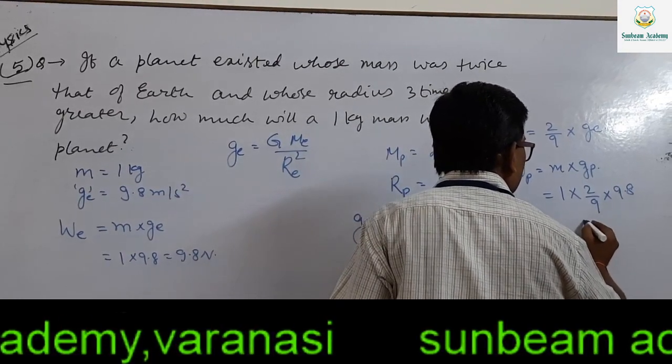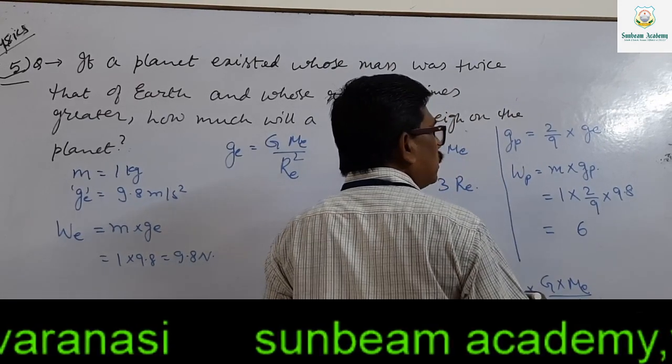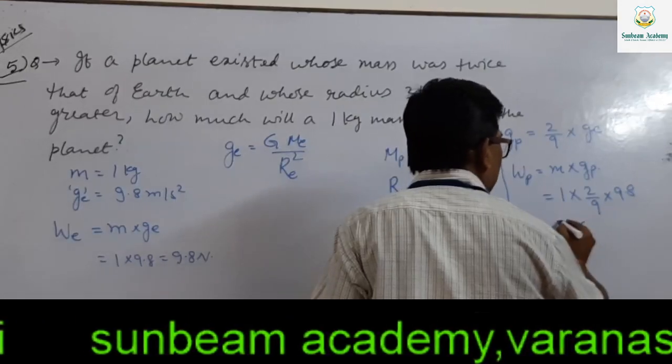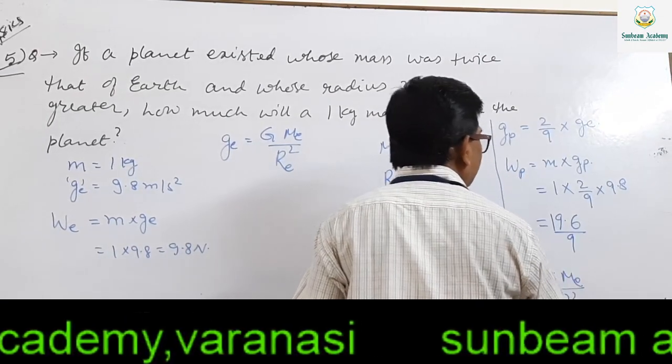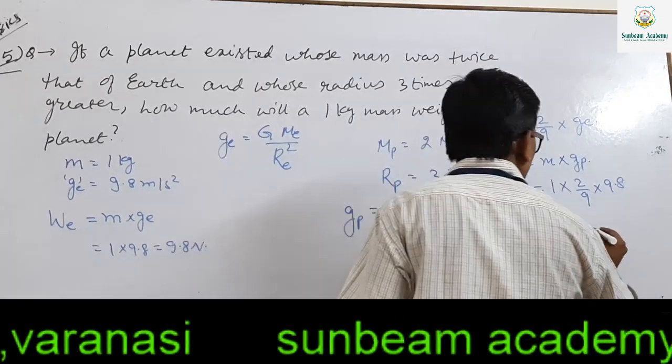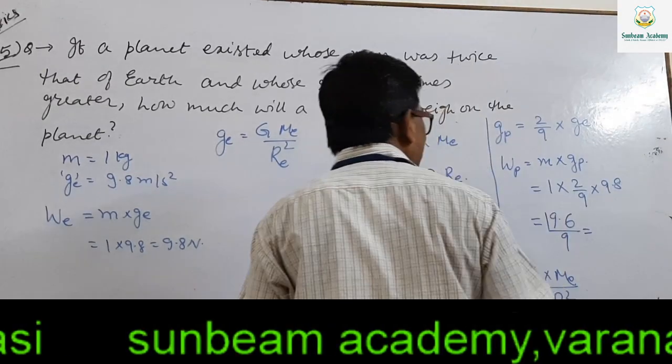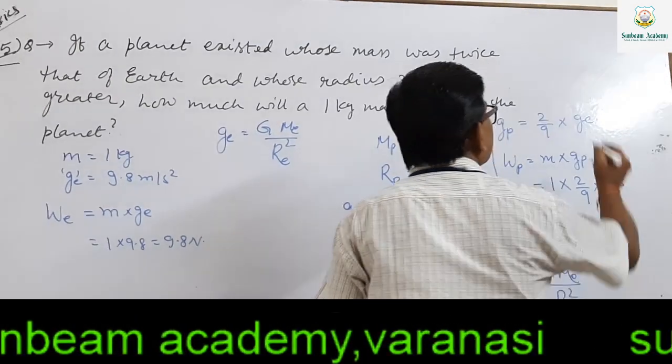Now what you will do? 8 twos are 16, 6 and carry 1, 9 twos are 18, plus 1 is 19. So 19.6 upon 9. Now you solve this. How much will you get? Let us see.